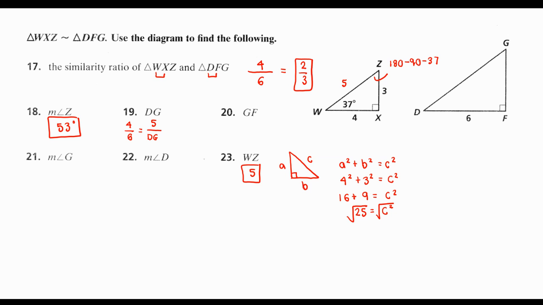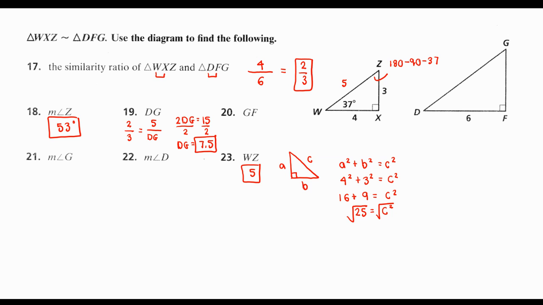I can cross multiply and solve. Once again, 4/6 really reduces down to 2/3. So that's what I'm going to go with. When I cross multiply, I get 2 times DG equals 3 times 5, which is 15. When I divide both sides by 2, I get 15 halves or 7.5. Because it was a nice decimal, it can be a decimal. If it wasn't a nice decimal, leave it as a fraction.